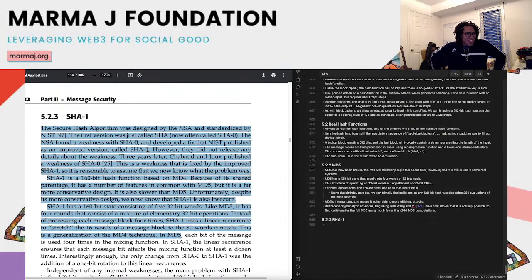Because of its shared parentage, it has a number of features in common with MD5, but it is a far more conservative design. It is also slower than MD5. Unfortunately, despite a more conservative design, we now know that SHA-1 is also insecure. SHA-1 has 160 bits consisting of five 32-bit words. Like MD5, it has four rounds that consist of a mixture of elementary 32-bit operations. Instead of processing each message block four times, SHA-1 uses a linear recurrence to stretch the 16 words of a message block to the 80 words it needs. This is a generalization of the MD4 technique used in MD5.